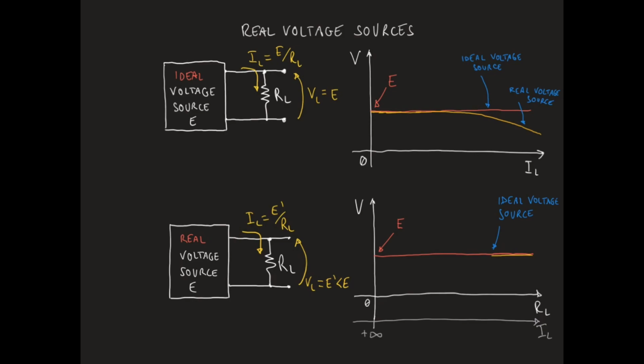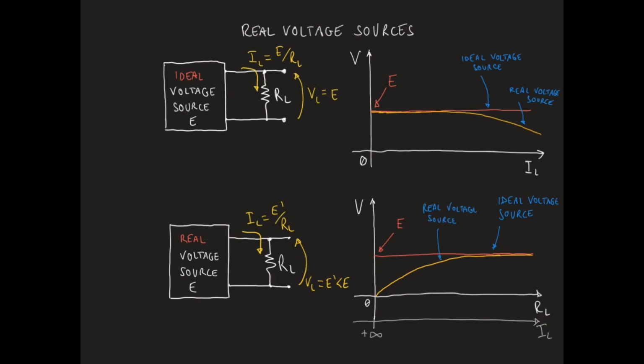As the resistance value approaches zero, then the current starts increasing and tends to infinity. So the voltage provided by the real voltage source will tend to zero.